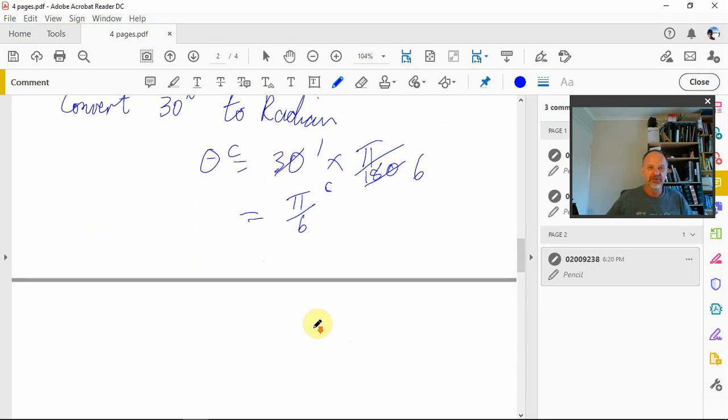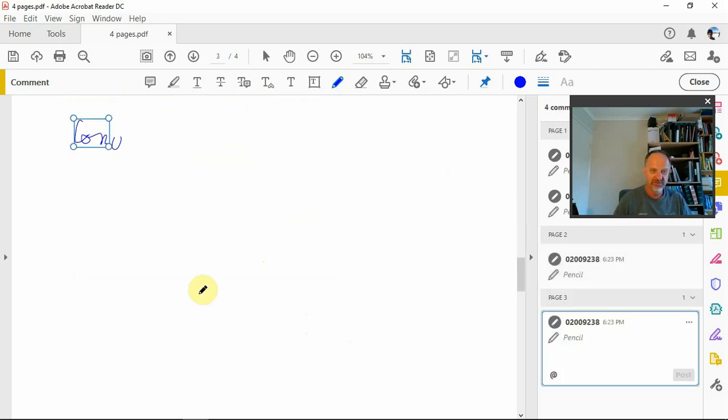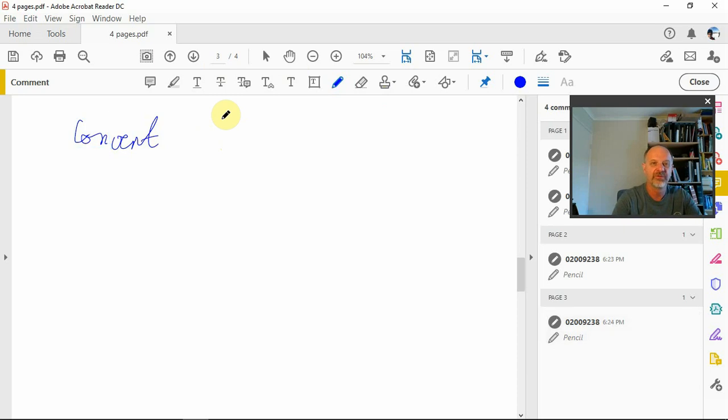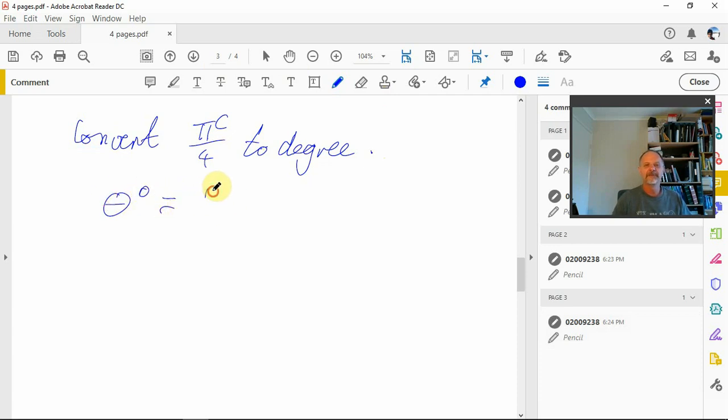All right. So if we wanted to convert pi on 4 radian to degree, the angle in degree is our pi on 4 radian times by 180 on pi.